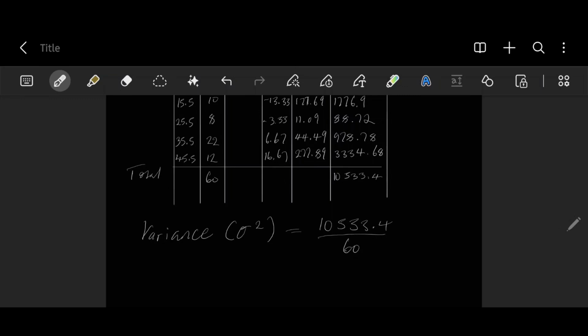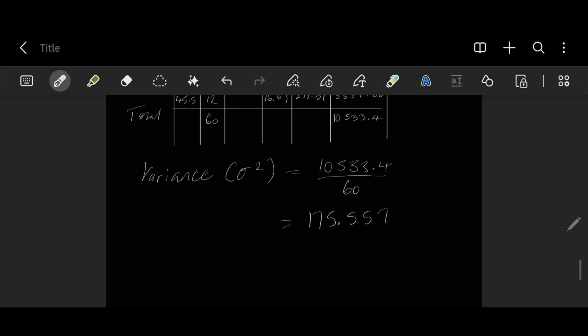If you do that, what I got is 175.556666, but the question said we should leave our answer in two decimal places. So this is approximately 175.56 to two decimal places. So this is the variance. So we are done with that particular question. Move to the next.